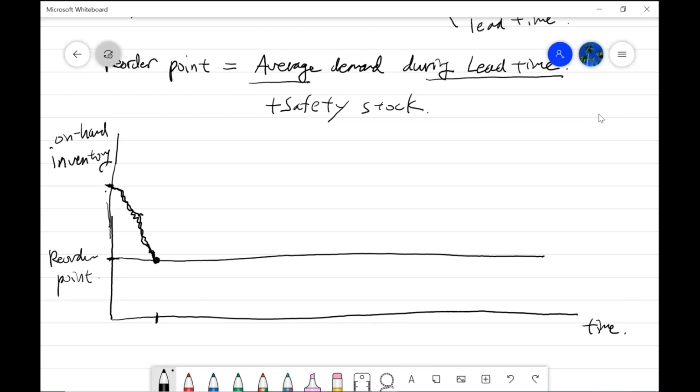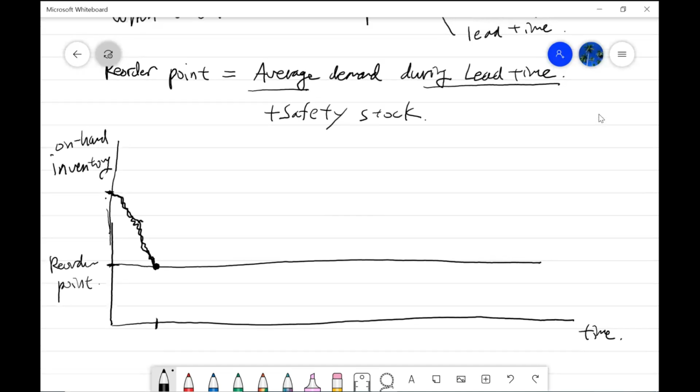But on the other hand, I cannot receive the ordered product right away when I place an order. Why? Because at this time, not like the EOQ situation, the lead time is not 0. If the lead time were 0, certainly there would be a big change in the inventory level once I place the order. But here, I have to wait for the ordered products until the lead time is over, okay?